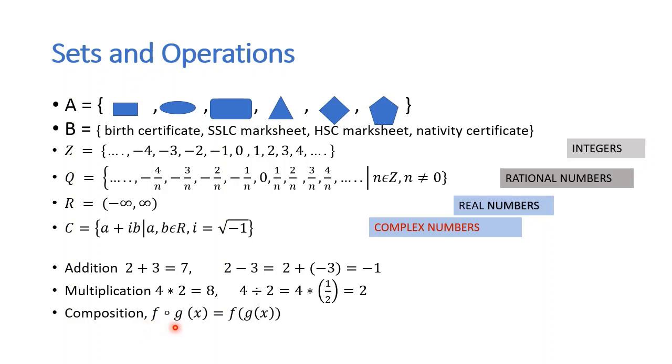So f dot g of x is nothing but f of g of x. Similarly, you will have matrices. A matrix is a set where you can have operations such as matrix addition and matrix multiplication. There also you have many different ways to find the operation.